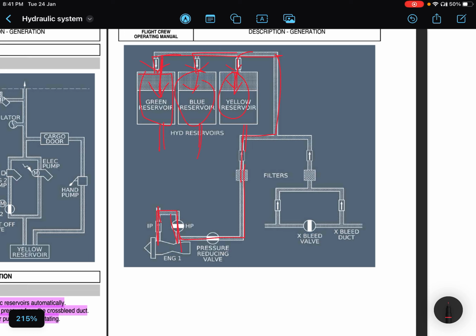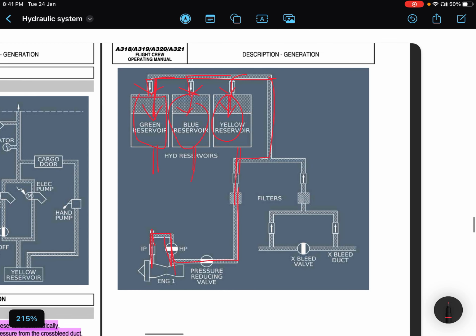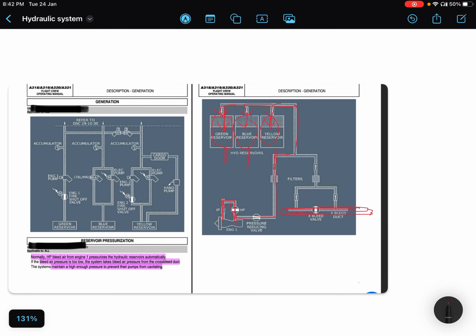If engine 1 is not running or something goes wrong, then this pressure is taken from the cross bleed duct. You will understand this very easily once you have finished pressurization or pneumatics. It will be very easy for you if you go and watch pressurization and ventilation, pressurization and pneumatics.